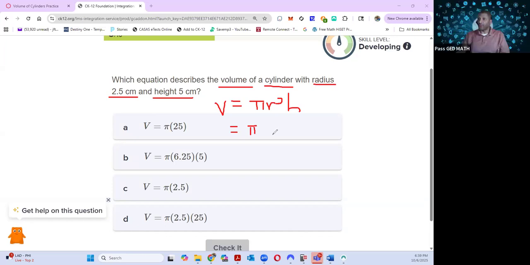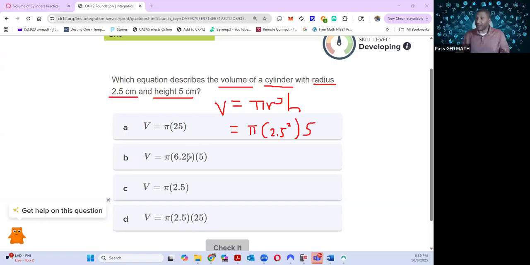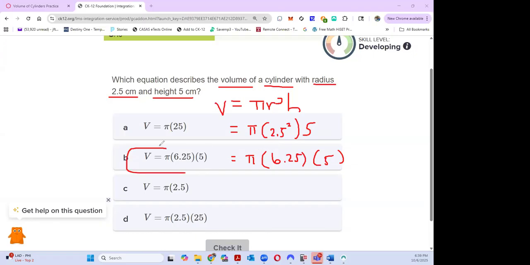R squared is 2.5 squared times 5. None of these answers have 2.5, so what is 2.5 squared? Well, 25 squared is 625, so I know it's 6.25 times 5. If you don't know, put it in your calculator. Look at that. Easy problem.